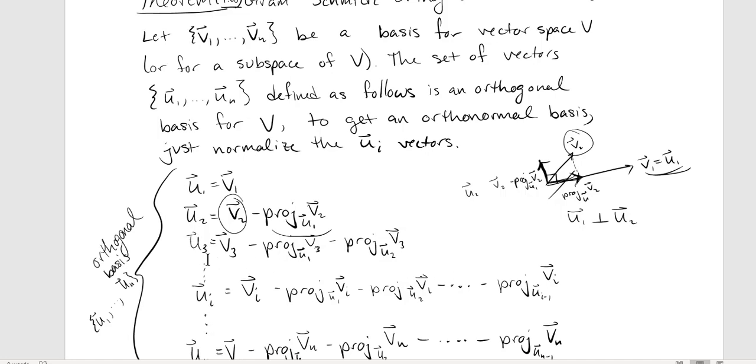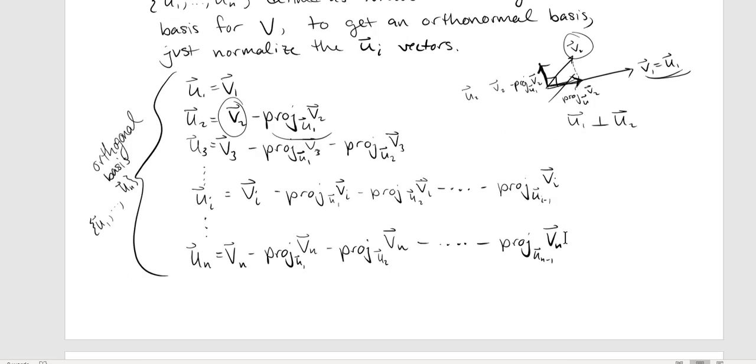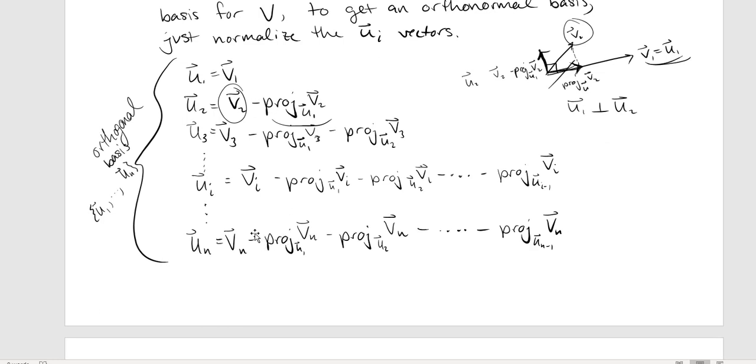So we do that for U3: we take the next vector in our given set, subtract out everything that's in the direction of U1, because we already covered U1, and subtract out everything that's in the direction of U2, because we already covered U2 in our basis, and we get something U3 that's perpendicular to both of these. And so you keep up the process until you've gone all the way down and swept this out all the way through them.